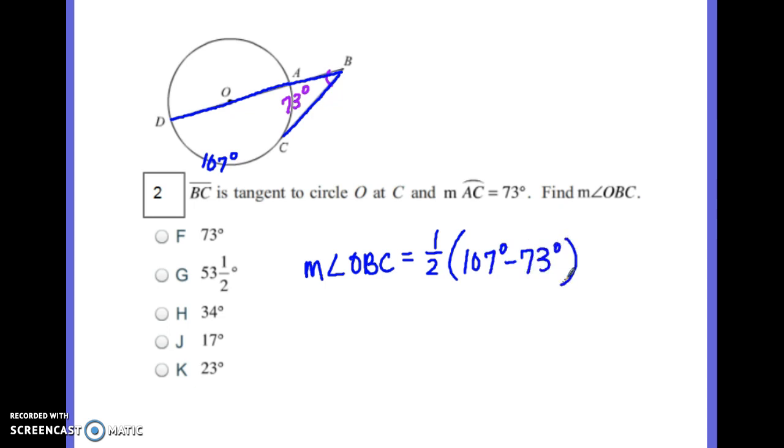So the larger arc is the 107, the smaller arc is the 73. So you'll subtract those and then take half. So that's half of 34 degrees, and half of 34 degrees is 17 degrees, which is answer choice J.